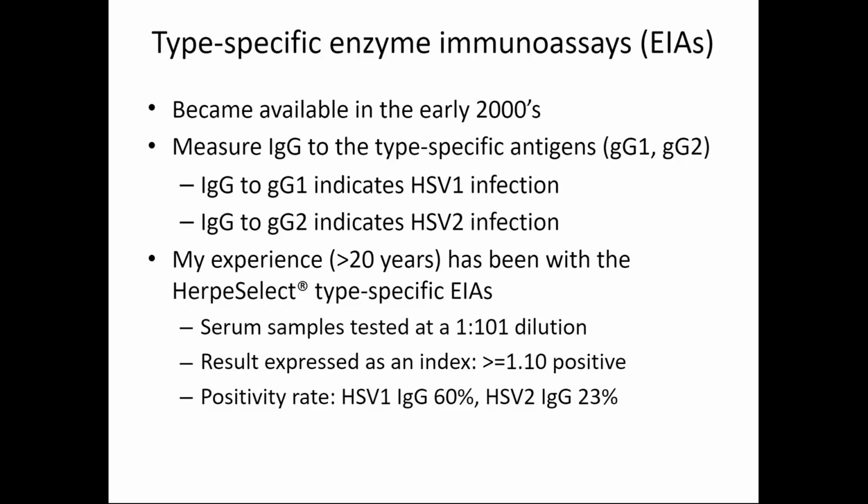In this test, the serum samples are tested at a 1:101 dilution. Results are expressed as an index where anything greater than or equal to 1.1 is considered positive. And in the labs that I've worked in, the positivity rate is about 60% for HSV-1 IgG and 23% for HSV-2 IgG.